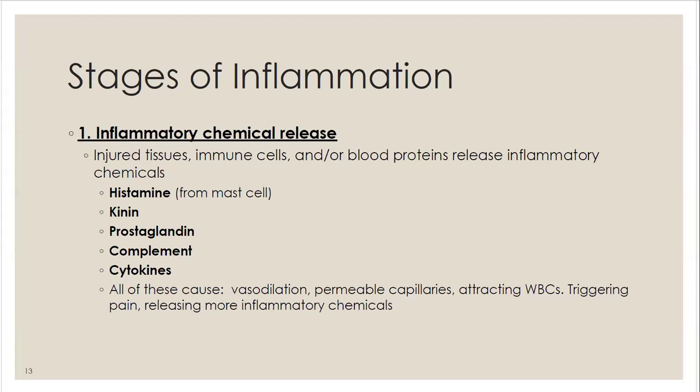They help to amplify inflammation and recruit white blood cells. And then your cytokines, they attract immune cells and stimulate further inflammation. So these chemicals set the stage for subsequent inflammatory response by increasing blood flow, making capillaries more permeable, and recruiting immune cells to the site of the injury.